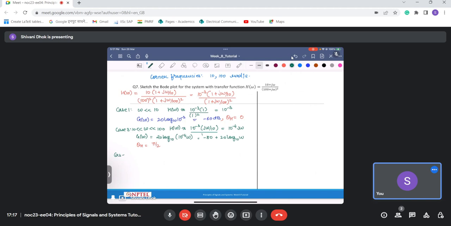And the third case, this was case 2, the third case is when ω is much greater than 100. So here H(ω) is approximately equal to 10⁻³ into (jω/10) upon (−ω²/1000).